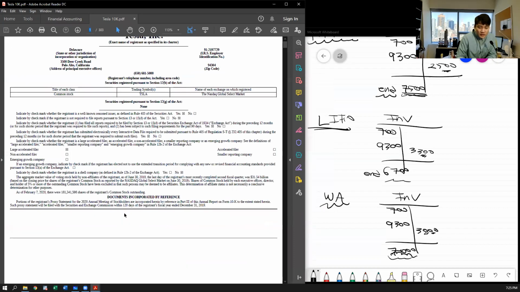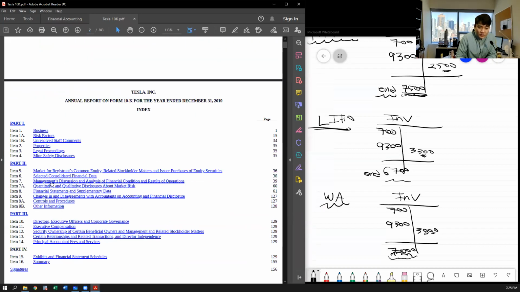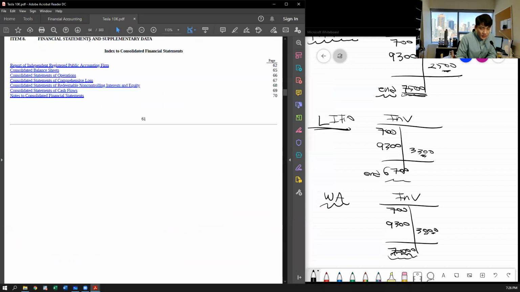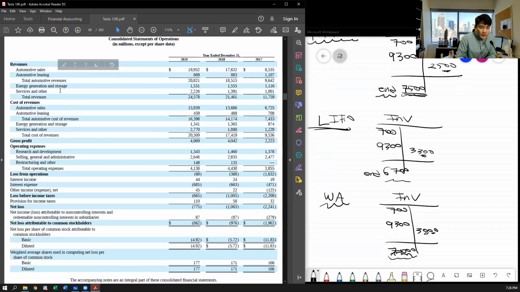Okay. Item 8. I don't think Tesla will give you which method they're using. But look at this, the cost of revenues or the cost of goods sold. The total revenue was $24 billion. Now the cost of goods sold in this case is $20 billion.